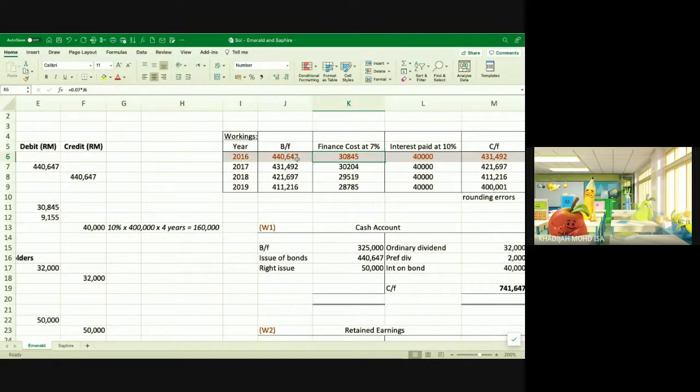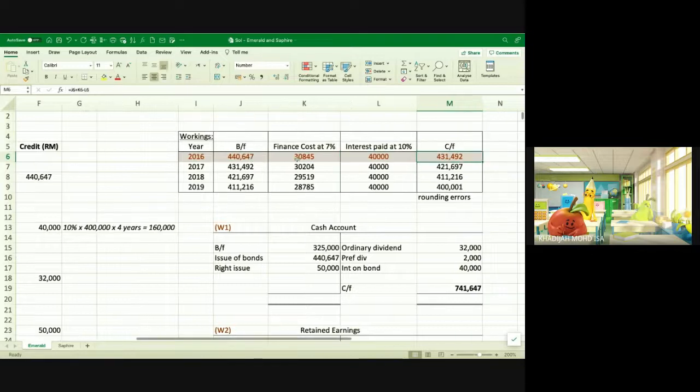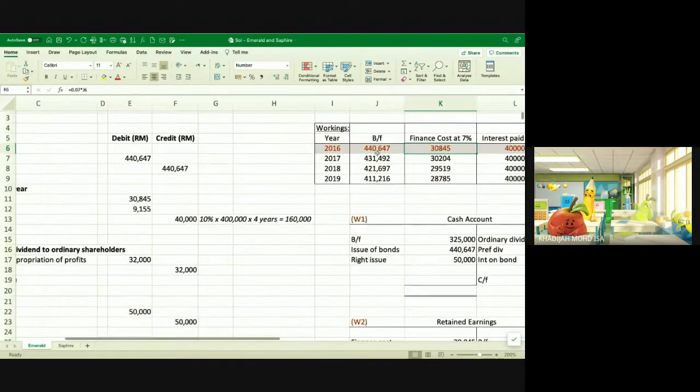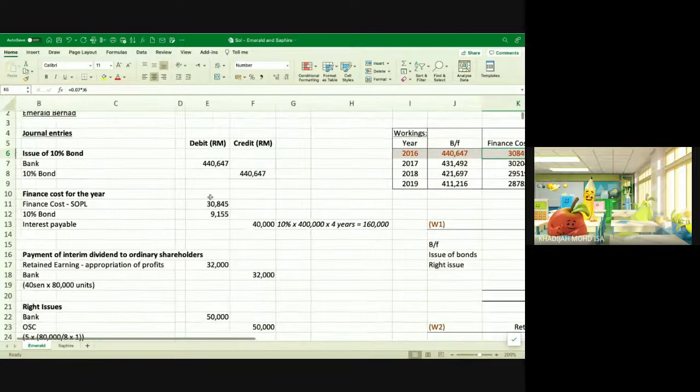Finance cost times by 7%. Interest paid is on the face value, 10% on the face value. So that's how you get 40,000. And this is your opening plus your finance cost minus your interest, you get this figure. So whatever your finance cost here goes to your finance cost 3845. So for the year, the finance cost 7% is charged as an expense in your account.